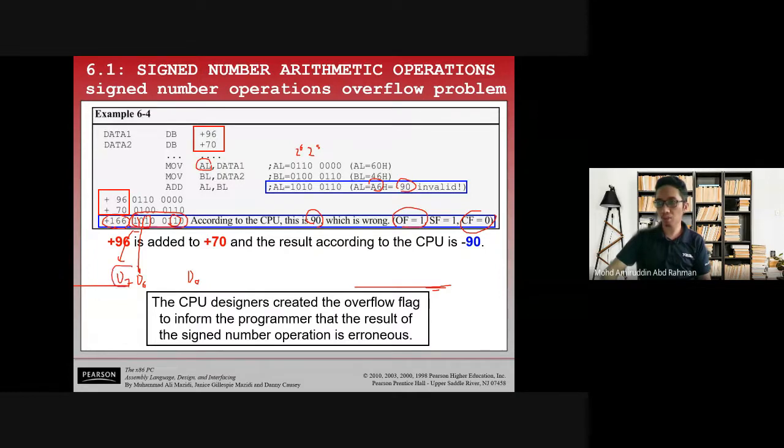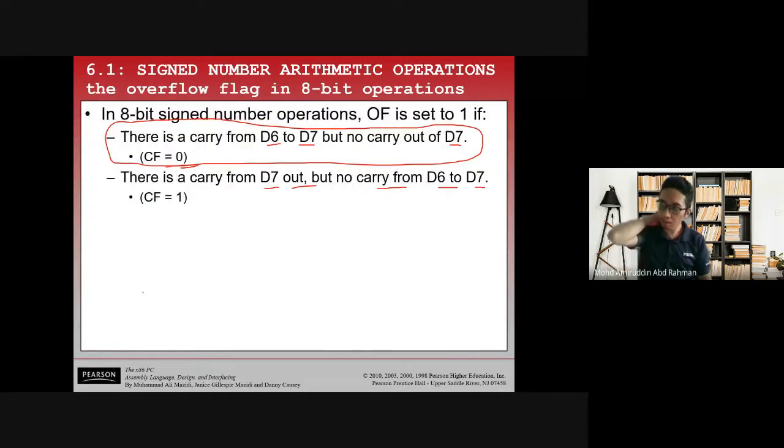But from D7, there is no carry. If there is a carry from D7, that will be assigned into CF, so your CF will be 1. But your OF will also be 1 when there is no carry from D6 to D7.